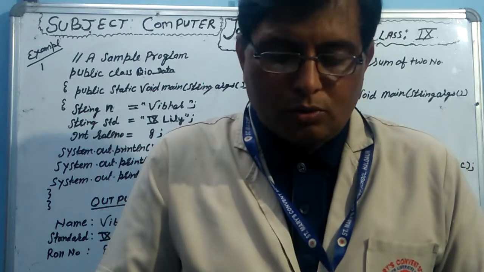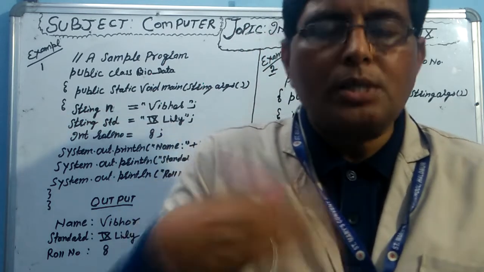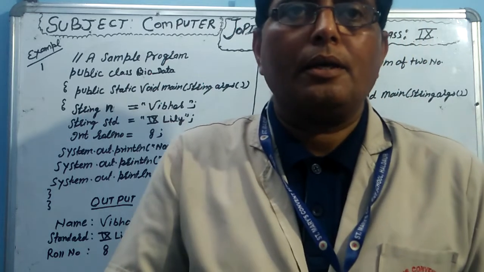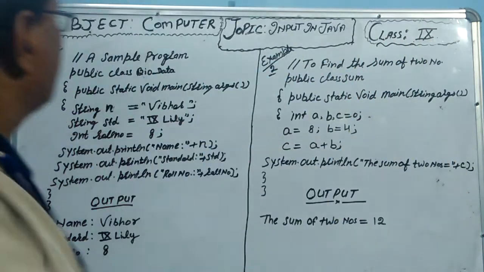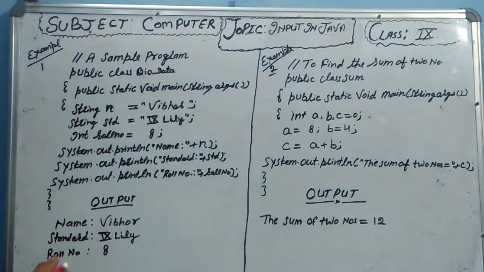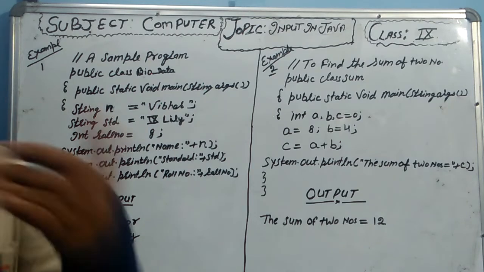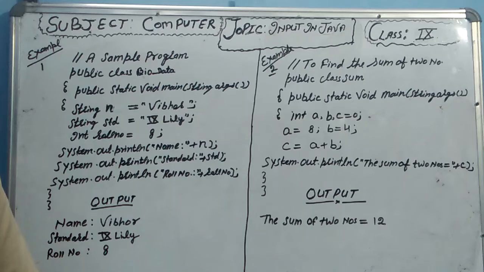Open your book. First example you see. In the first example, you have to print your name, class and roll number. How will you print it with the help of assignment statements?